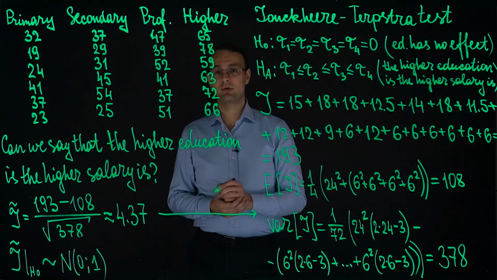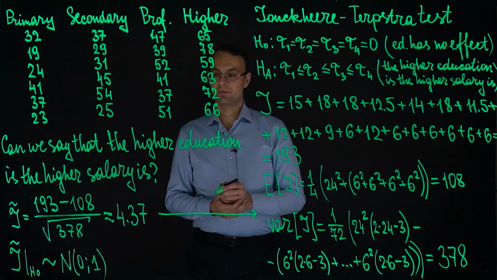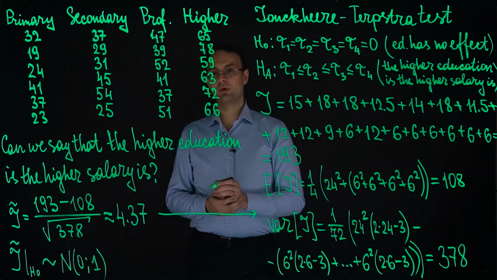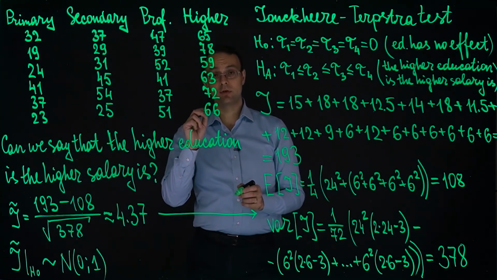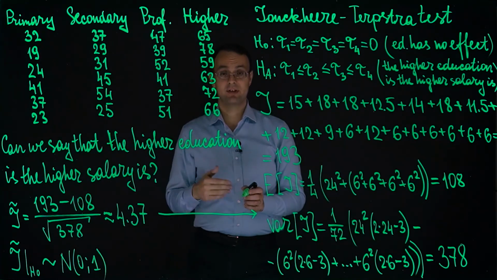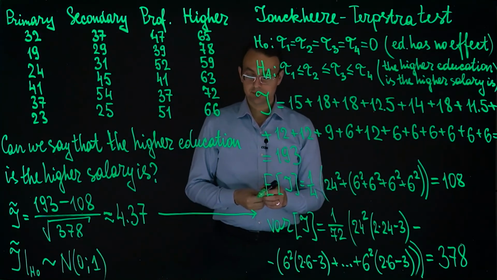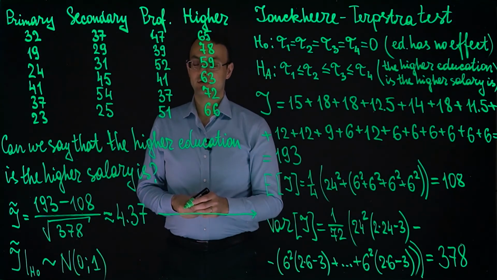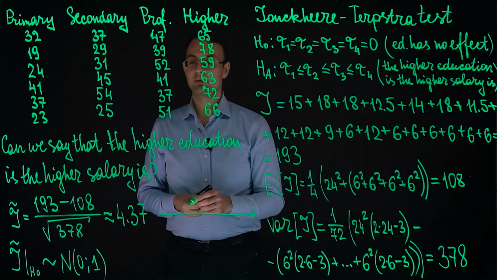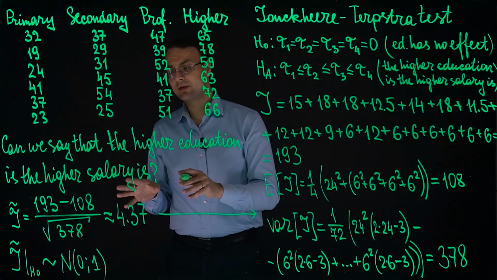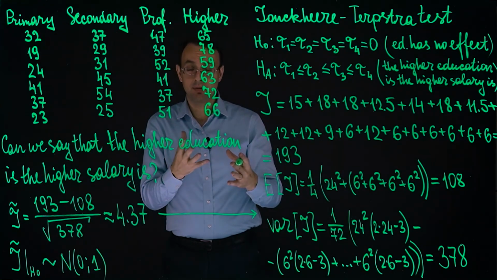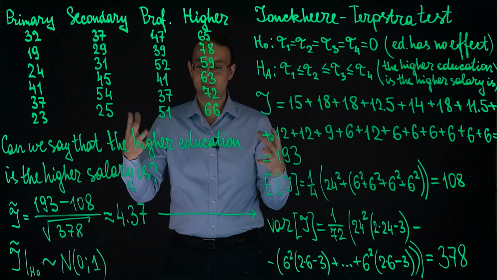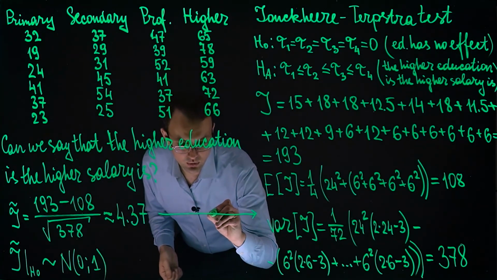The sample is not so big to assume normal distribution. So the distribution of J tilde is asymptotically normal. This means for big samples it is normal. So actually we cannot assume normal distribution for such a small sample, but let's do this because I show you what do we do with big samples in practice. In practice we usually have big samples.